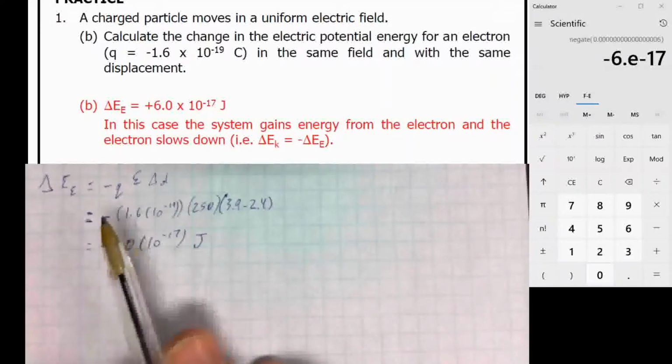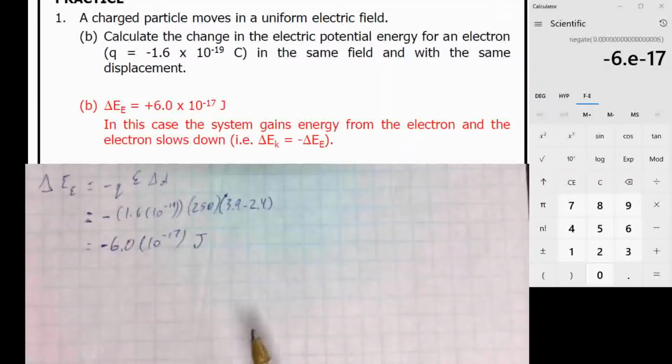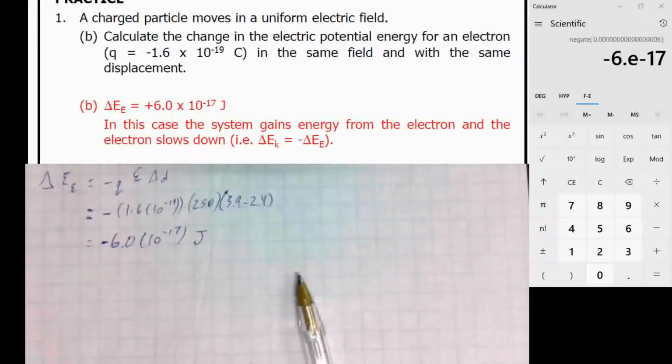So if this is negative, we have a negative times a negative. That gives us a positive, which means it's the same amount of energy. Here, the electron would slow down, because if the electric field gains energy, that means that the electron was moving against the electric field, so it would be slowing down. It would be losing kinetic energy.